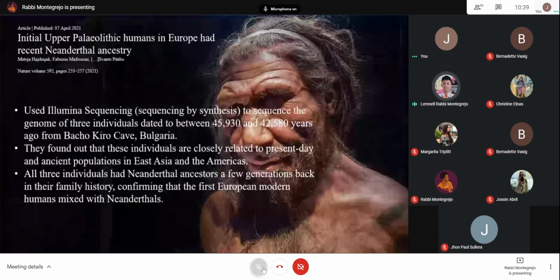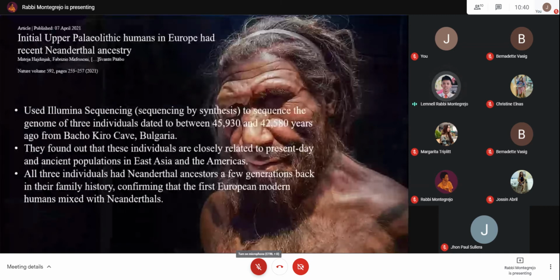So, ang ilang gihimo is that they sequenced the genome of 3 individuals, which was dated to have lived between 45,930 and 42,580 years ago from the Batshokiro cave in Bulgaria.